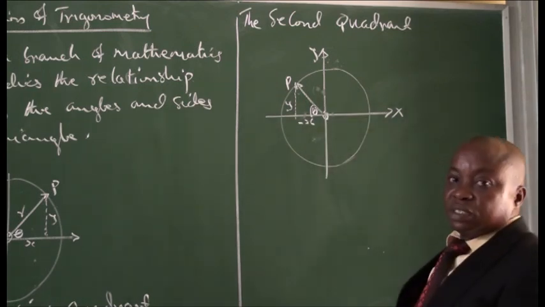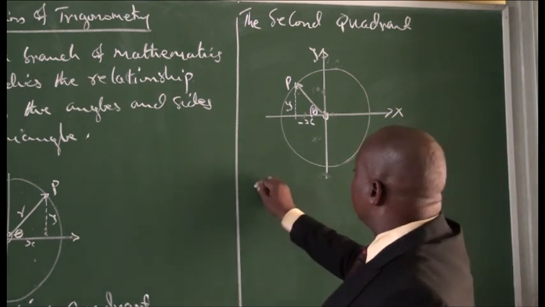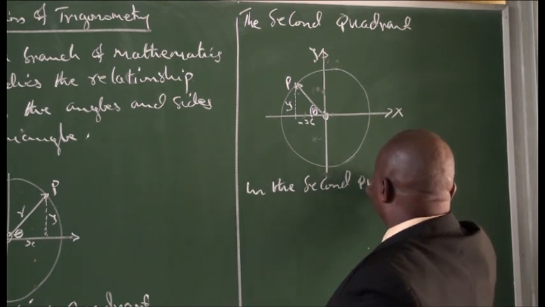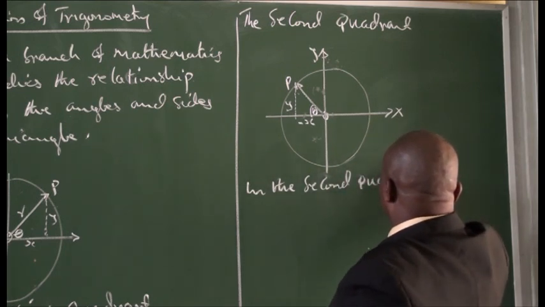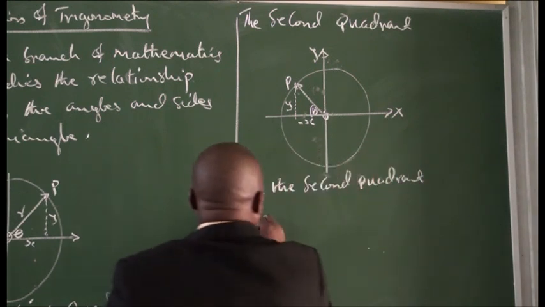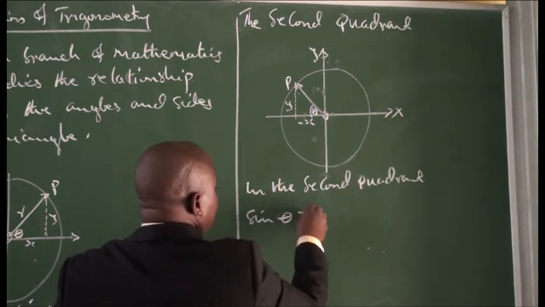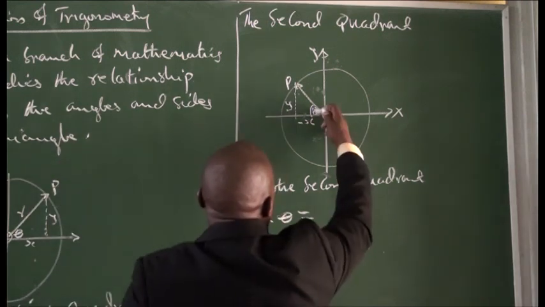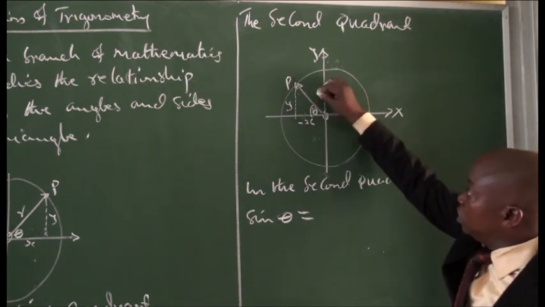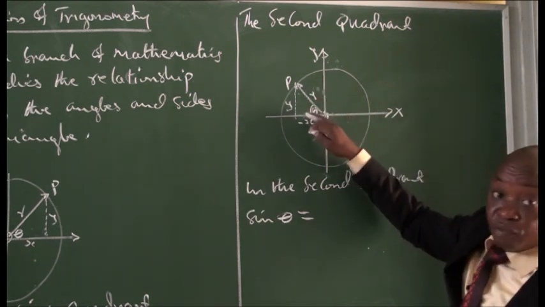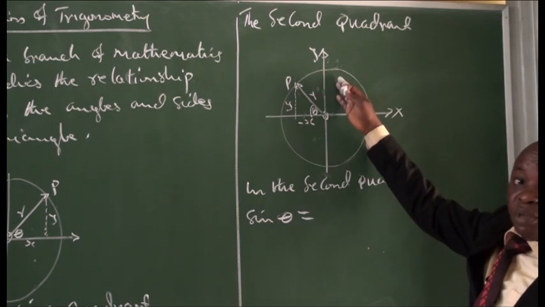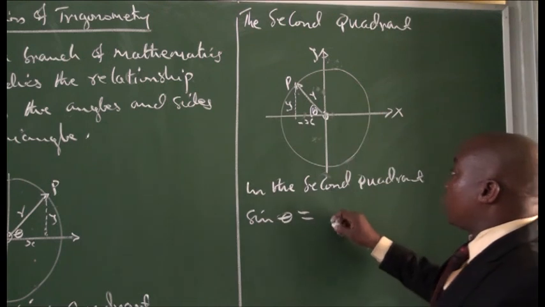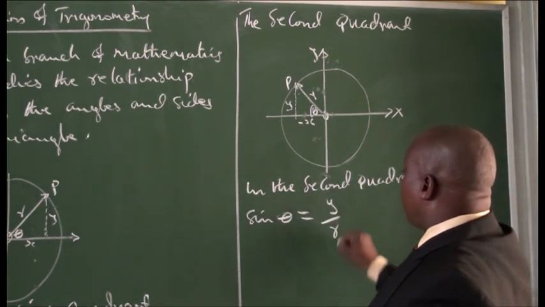So we now see that in the second quadrant, sine theta, sine is opposite. Now look at it. Opposite over hypotenuse. That gives us y over r.